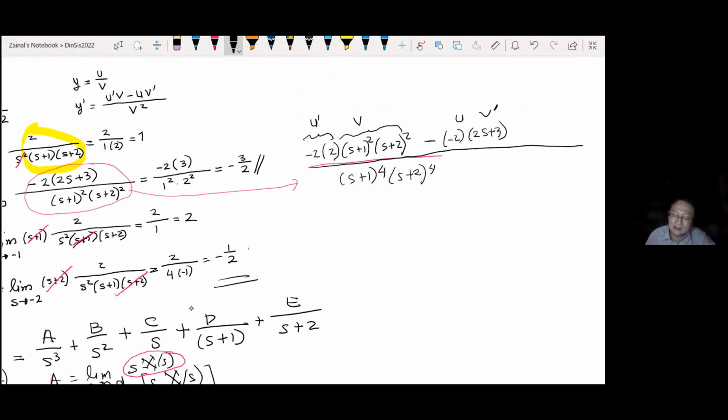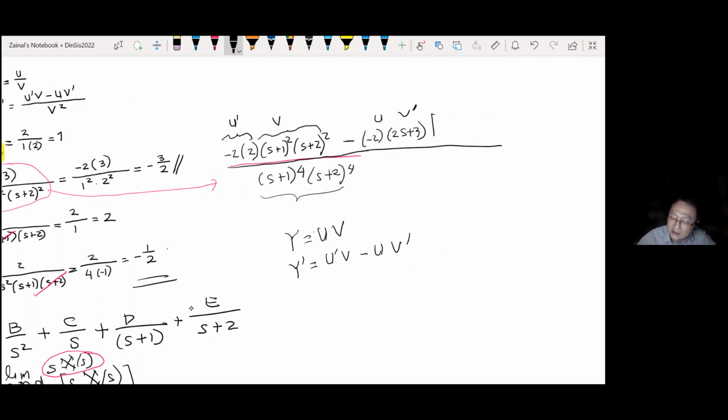Nah, sekarang ini diturunkan. Menurunkan U kalikan V, maka Y aksen sama dengan U aksen V min U V aksen.